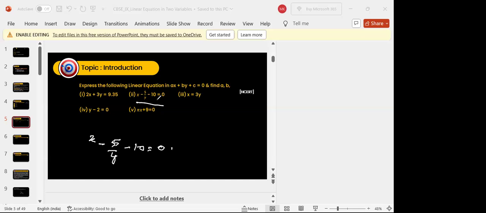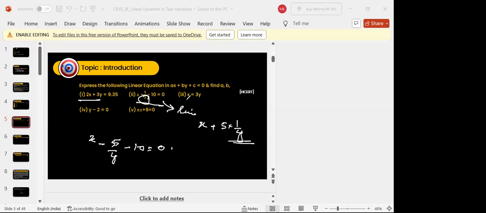So minus 5 by y, that is coming. If I take the LCM, because it is in the denominator, this is not a linear equation in the form of ax plus by plus c. If you want, I can say it x plus 5 into 1 by y. Since y is in the denominator, we cannot say for it.